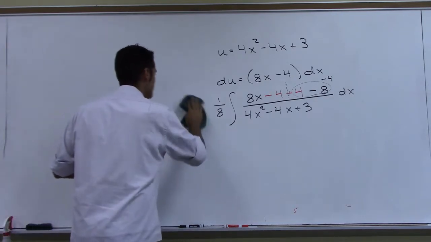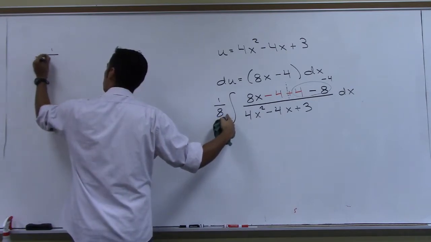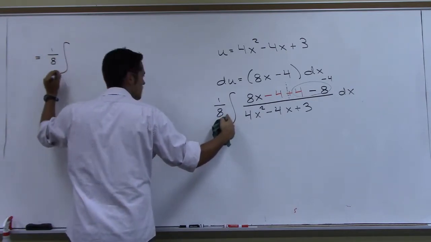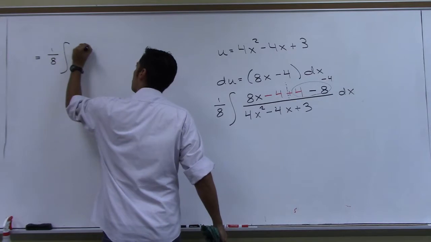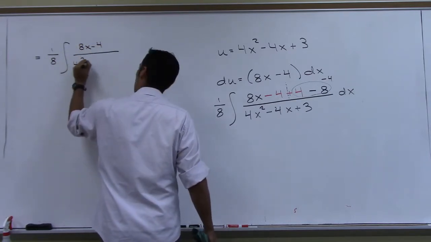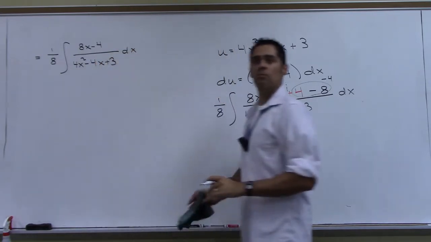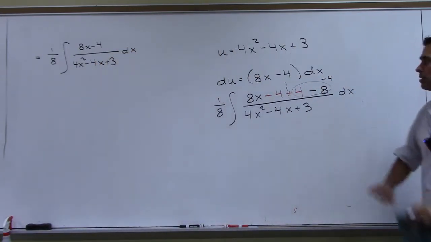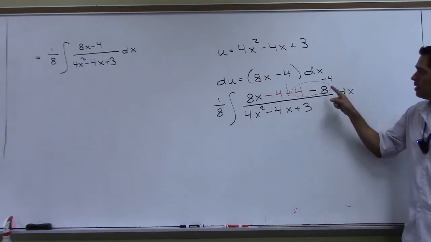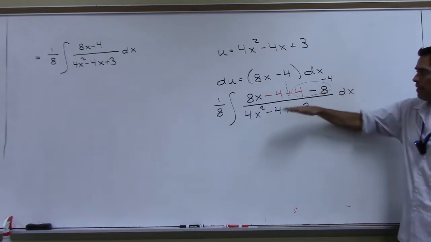So I have equals, I have the 1/8, don't forget about the 1/8, integral the 8x minus 4 over 4x squared minus 4x plus 3 dx. That's one integral, right? I'm splitting this up into two integrals. The other integral is going to have what up top here? Negative 4, right? And then this on the bottom?